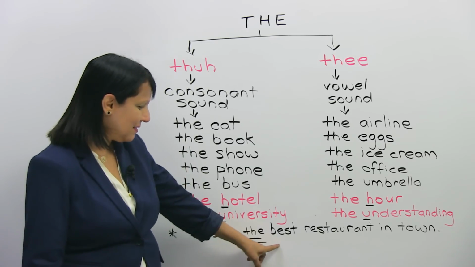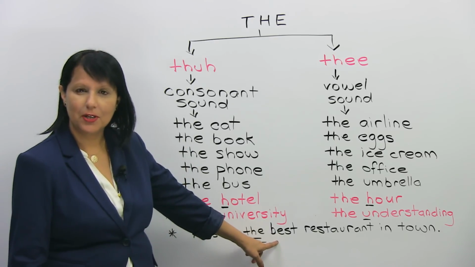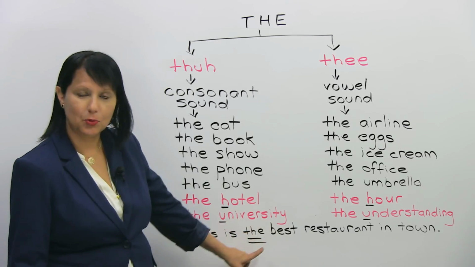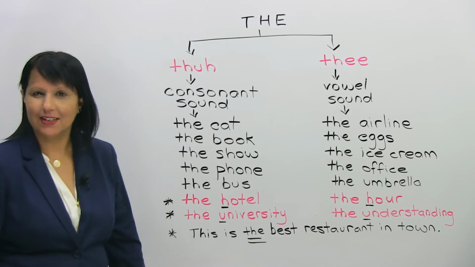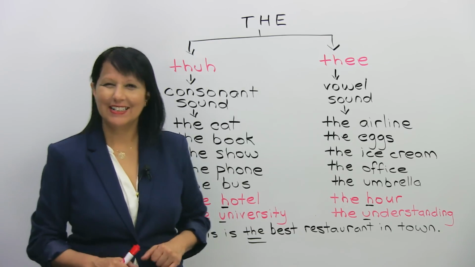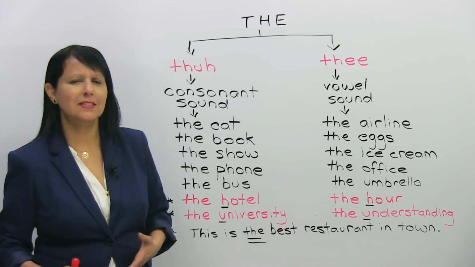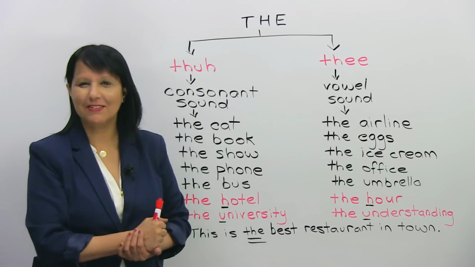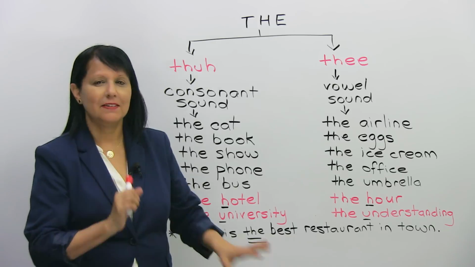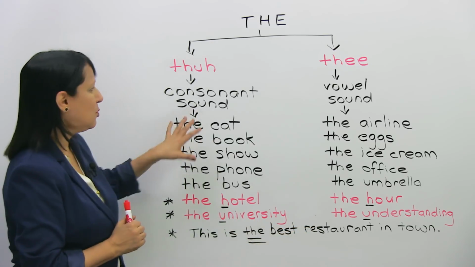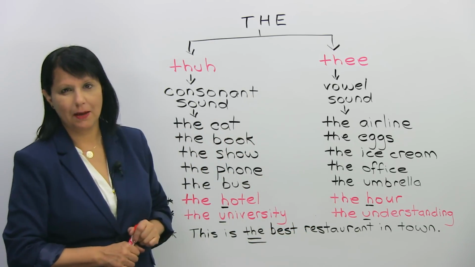So here, look what happened. Even though it started with a B, the word after the, we didn't say this is the best. You could say it. It's not wrong, okay? But people would probably say this is the best restaurant in town because they want to emphasize it, all right? But that's the exception. Most of the time, this is what happens.